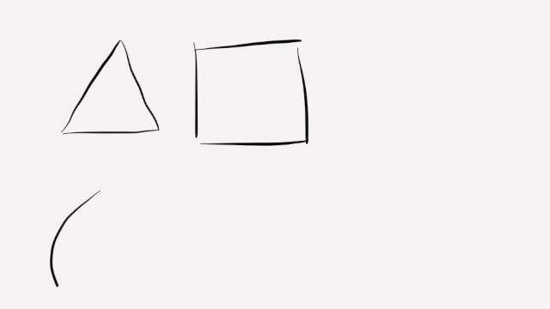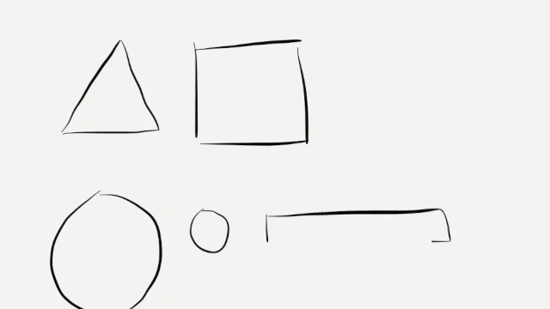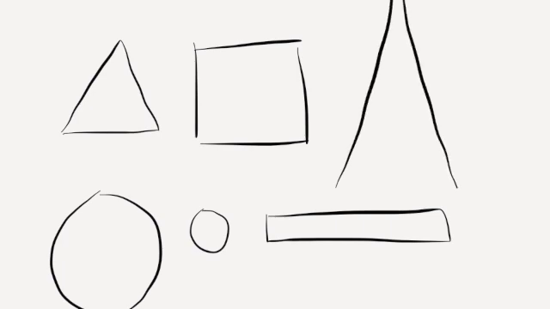I could make 2 curves to make a circle. And we could make those into different sizes. We could make them longer and skinnier, or super pointy, like a gnome hat.